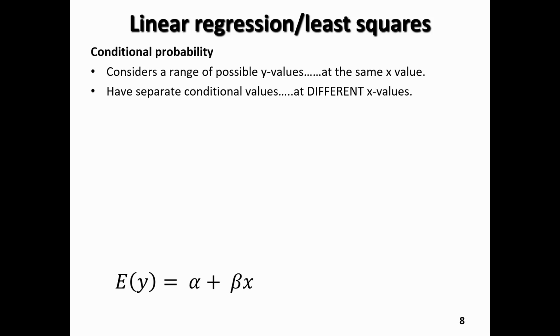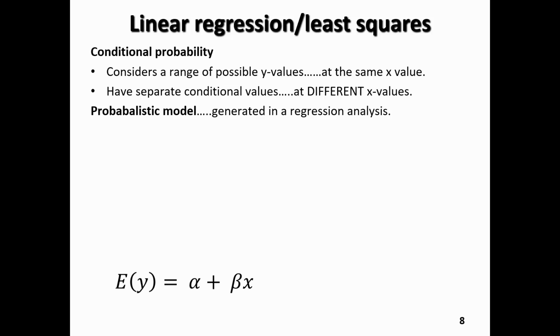Conditional probability basically tells us that at each value of x, every time we input an x value, there's going to be a range of y values, and that range can be described as a probability distribution. So at different x values, we're potentially going to get different probability distributions of the outcome variable. And that leads us to what's called a probabilistic model.